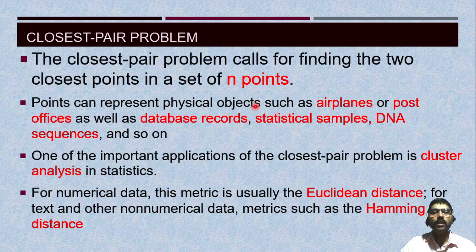Once the post is received at the central office, the officer has to decide which branch it is to be sent to. So he has to measure the distance between the branch and the delivery address. Like that, there are many other applications as I already explained here.